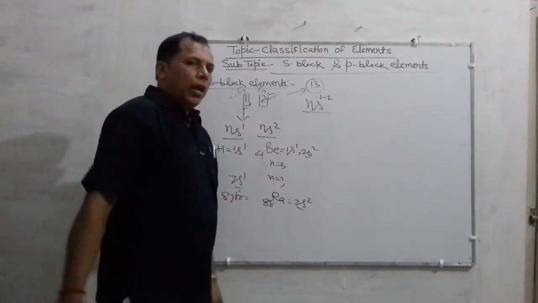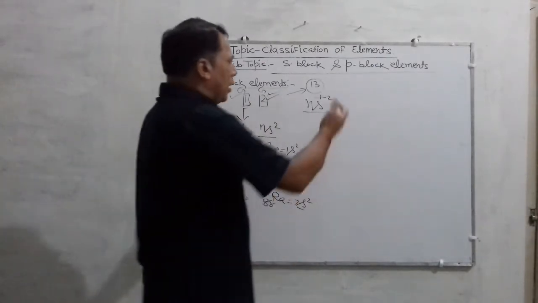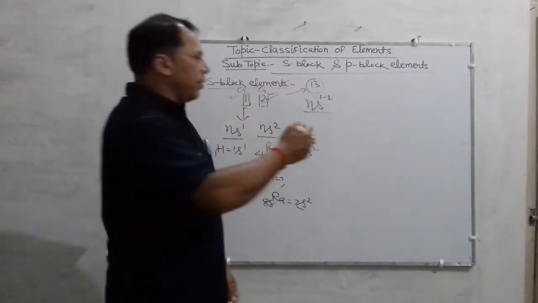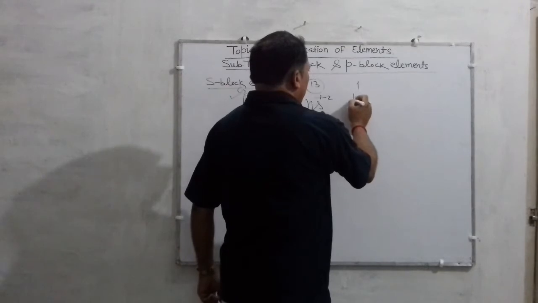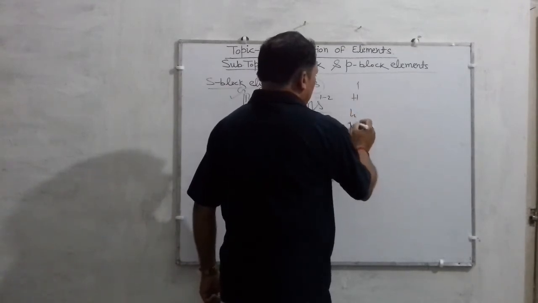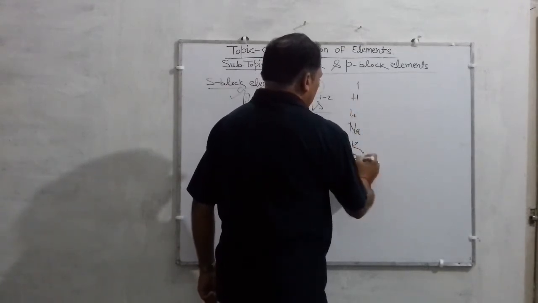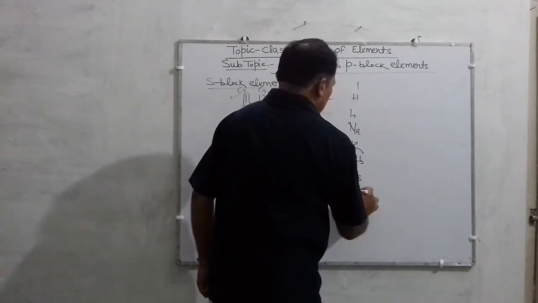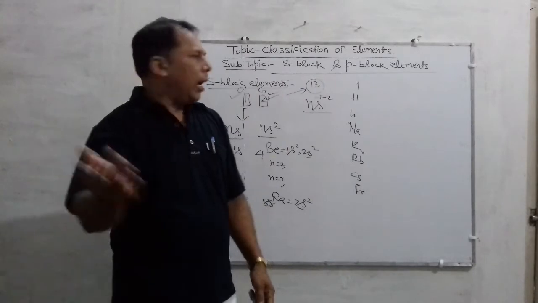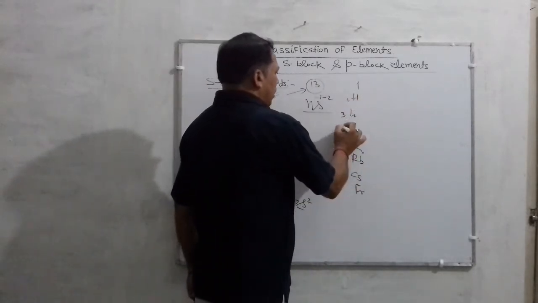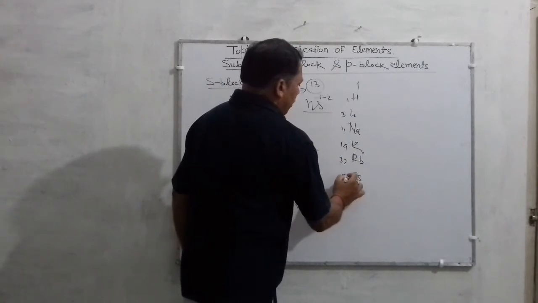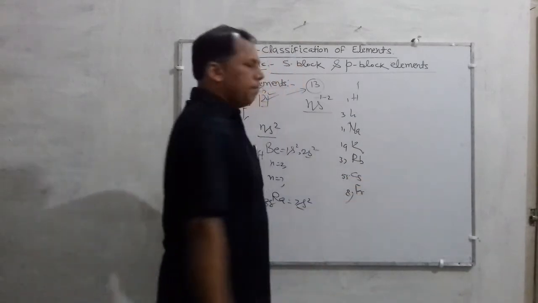Now for your simplicity I can write the elements present in the first group. The first group elements are hydrogen, lithium, sodium, potassium, rubidium, cesium and francium. Is it, children? And atomic numbers are 1, 3, 11, 19, 37, 55 and 87.